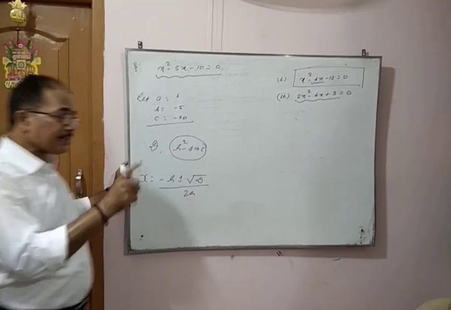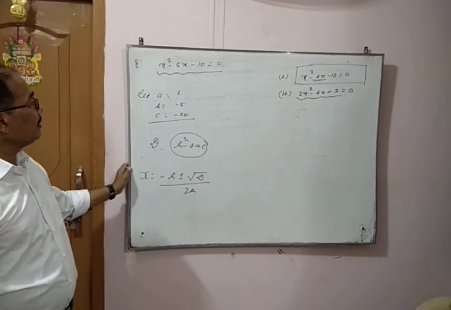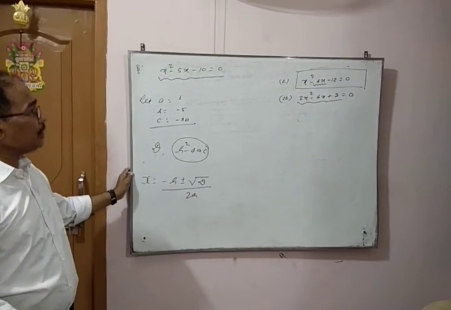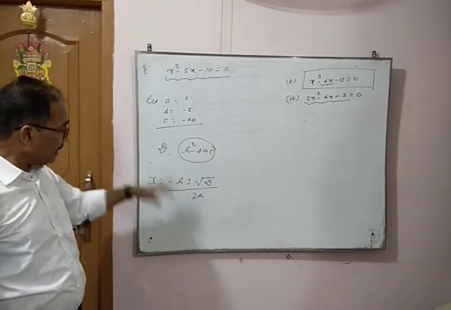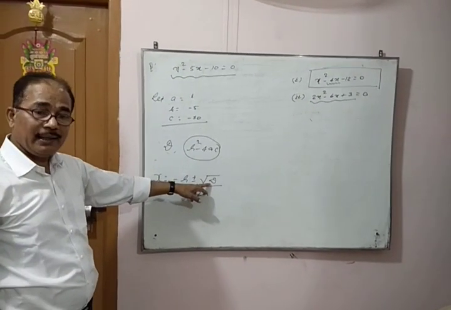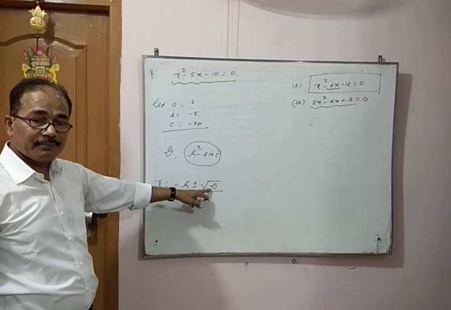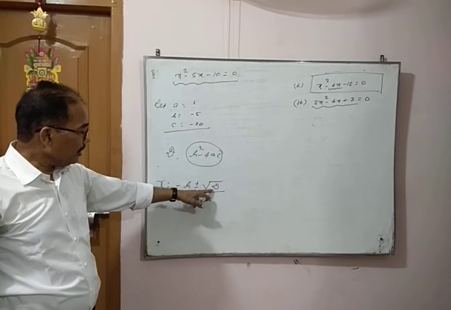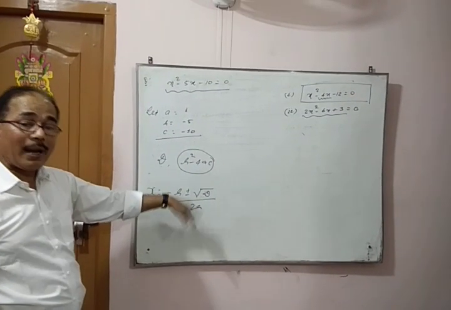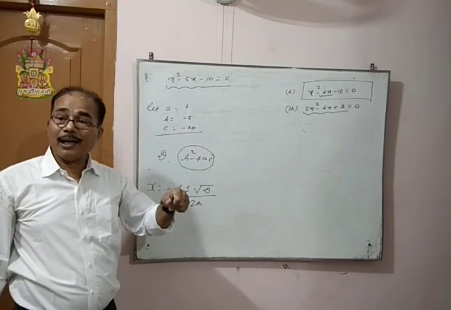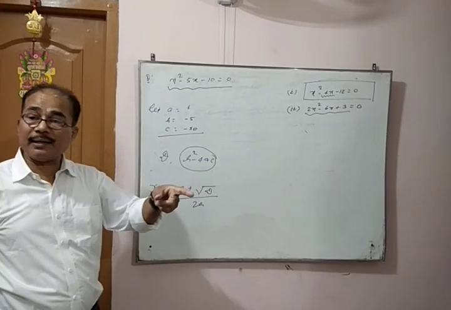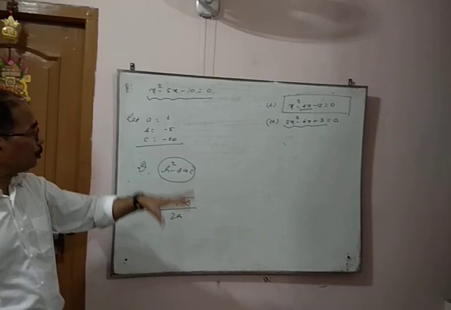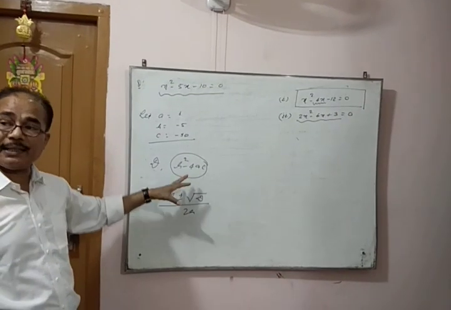You have to follow the same formula, but in this case the value of D will not be a perfect square, and this is why you have to find the square root of D up to 3 places of decimal, and then finally give the answer up to 2 places of decimal.